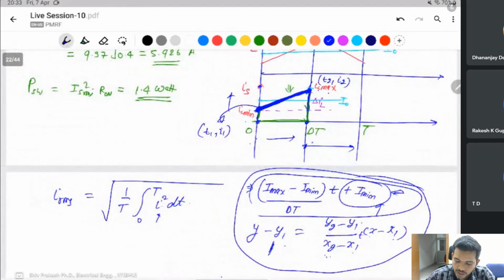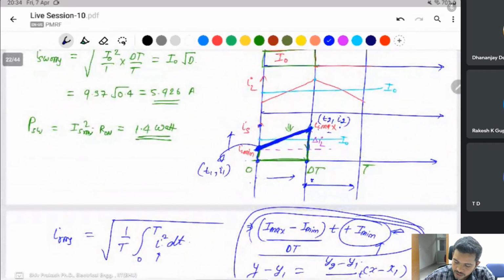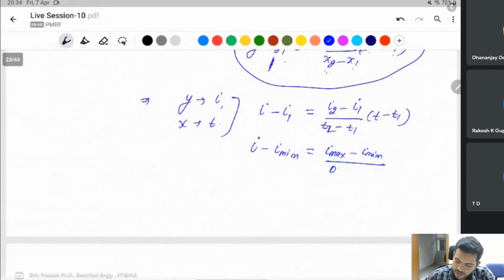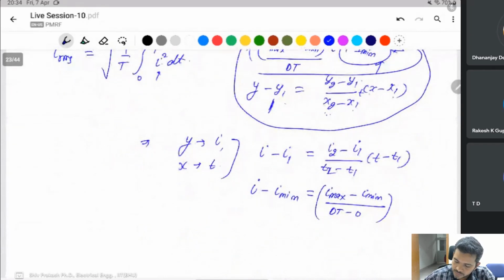I2 means this one, the second y value, I2 is I maximum, I maximum minus I minimum divided by T2, this one is dt, minus 0, because this one is taken as the origin. This one, T minus T1, is 0.